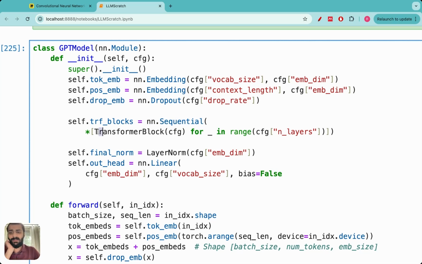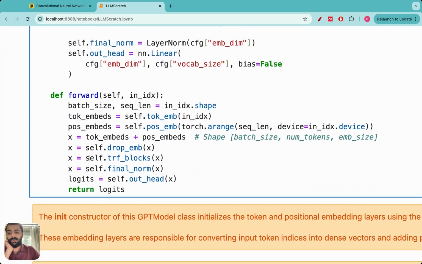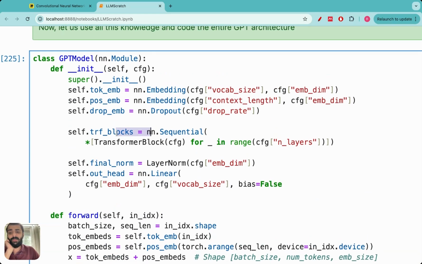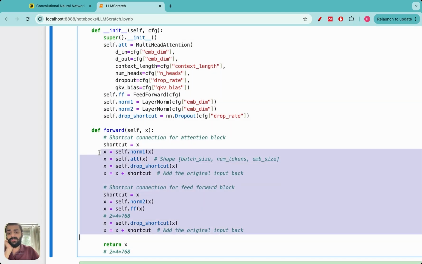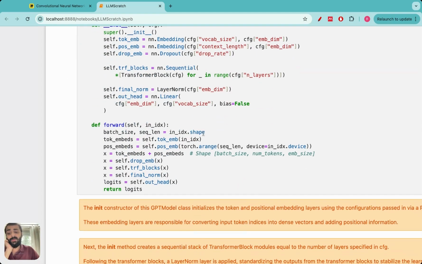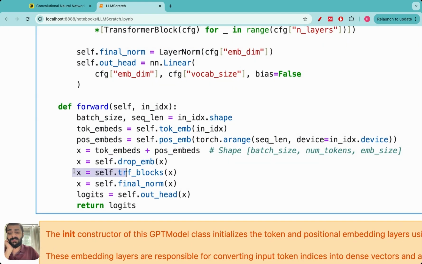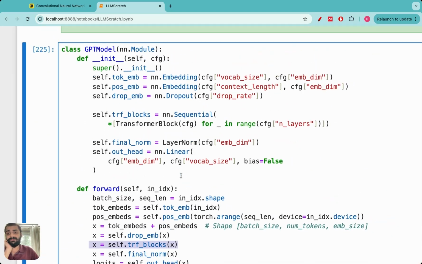So we have chained 12 transformer blocks. When you see self.trf_blocks, it just looks like one line of code, right? But there are actually 12 transformer blocks chained together here. And in each transformer block, there are 8 different steps which are being performed. So it's a huge number of operations being performed in this one simple line of code.